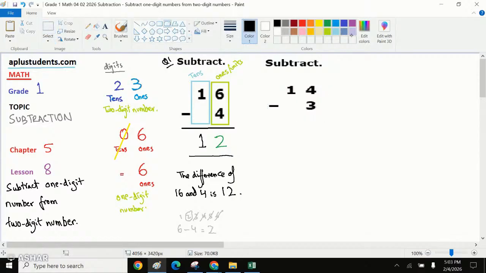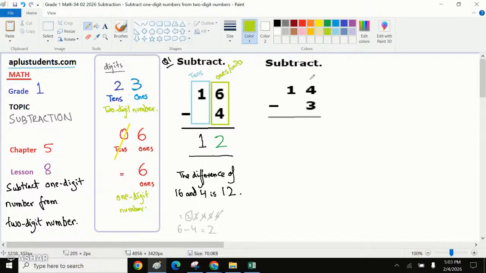Let's put it in a box so that this is our given information, which is not part of the questions. So if we need to subtract 14 minus 3, we need to look at the ones. The innermost numbers are the ones, and this was tens.